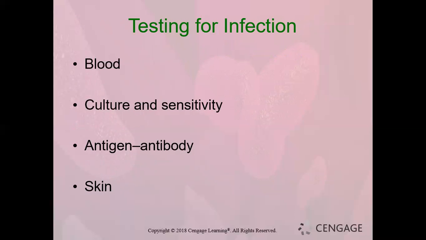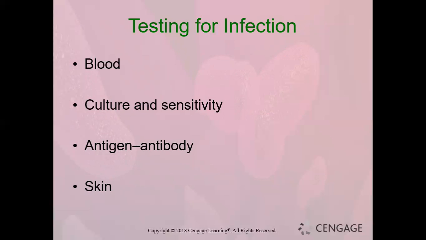Testing for infection, they're going to test the blood, a culture and sensitivity. I like to talk a little bit about this because a lot of your clients, you guys have probably had this done. A lot of times they do this when somebody is being tested for strep throat or different types of infection. They will take a culture or a swab, put it on a little plate, and let it grow.